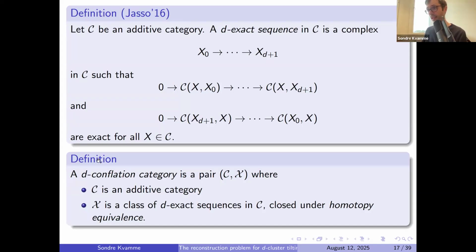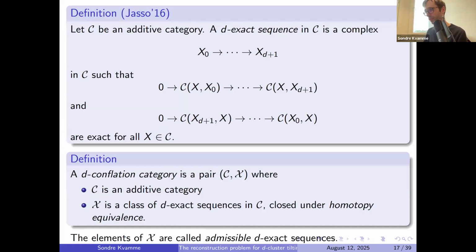Another note is that one-conflation categories are not actually the same as conflation categories, because requiring closure under homotopy equivalence is stronger than requiring closure under isomorphism. Of course, this won't really matter for this talk, because what I care about is the exact categories and not the conflation categories, and there the notions coincide.